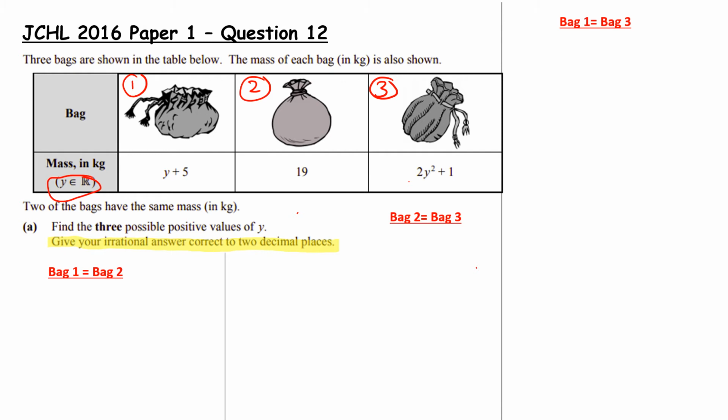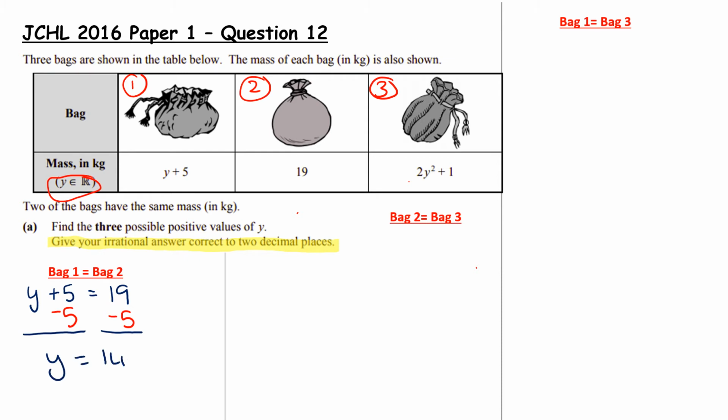If bag 1 equals bag 2, we make an equation: y plus 5, bag 1, equals bag 2, which is 19. We can then solve that by taking 5 from both sides, which gives us y equals 14.